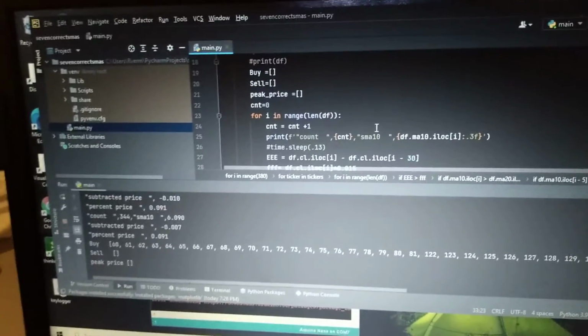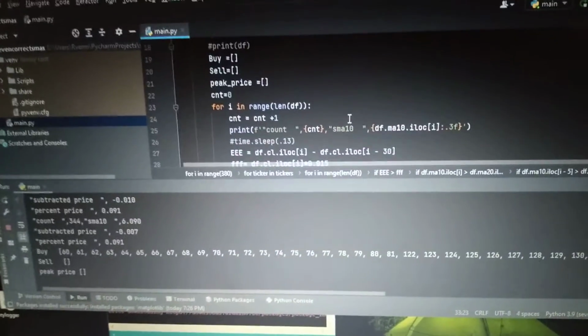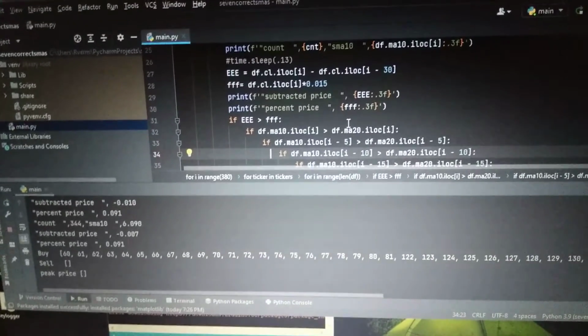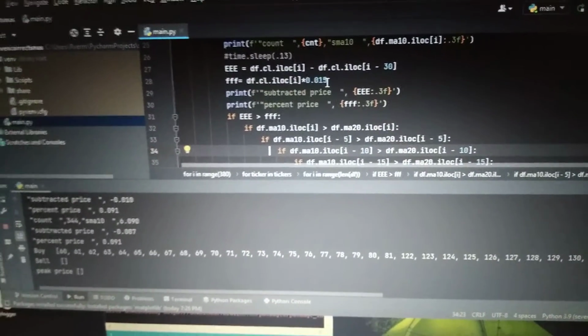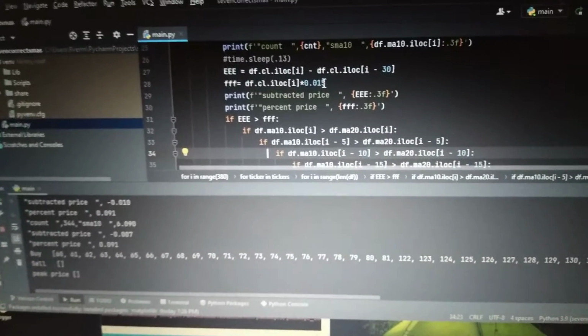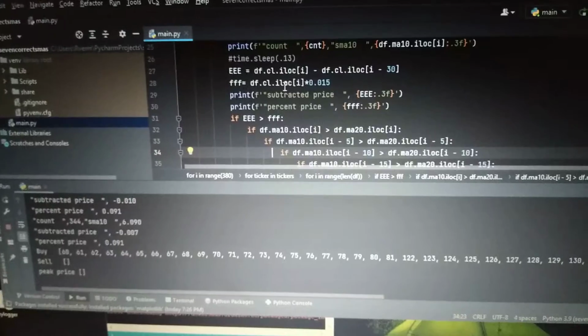Back here, down further, yeah, 0.15%. So FFF is 0.15%. The stock is rising faster than that.